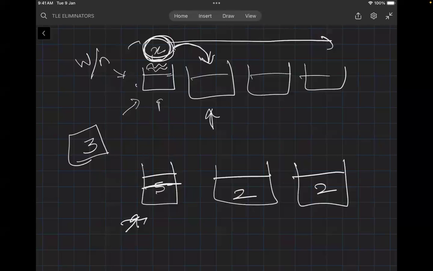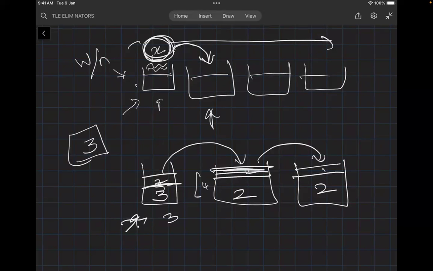So I'll just make this 3, and there is extra 2 left. So I'll just put this 2 here. Now the water here is 4, but we need only 3, right? So again, I'll just take the excess, which was 1, and I'll put it here. Now each container has 3, 3, 3.